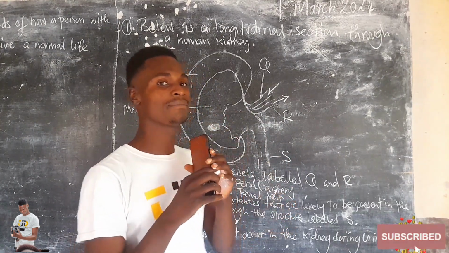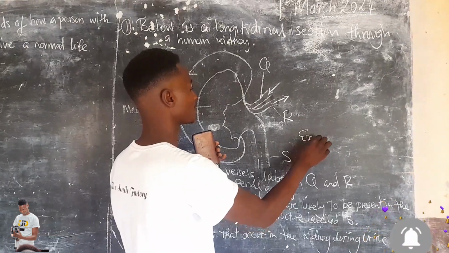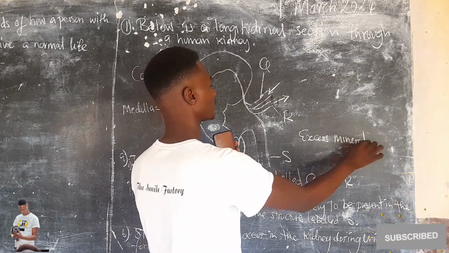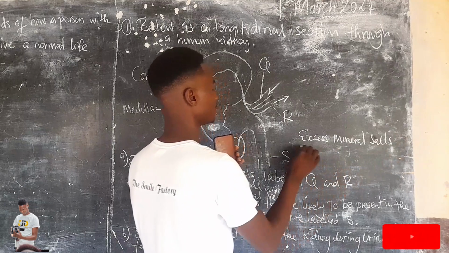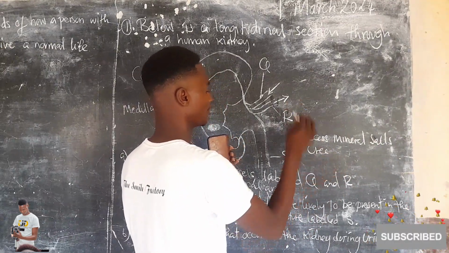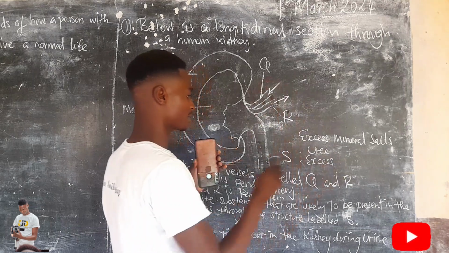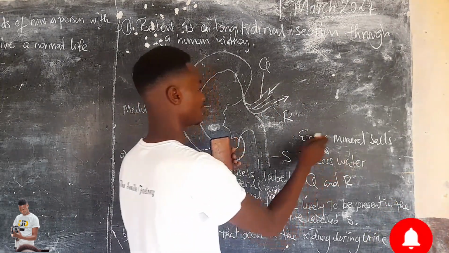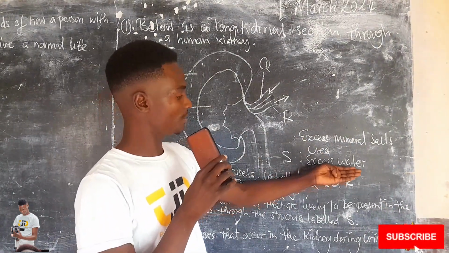Now, the only liquid that passes through the ureter is urine. And urine is a mixture of excess mineral salts, urea, and of course excess water.